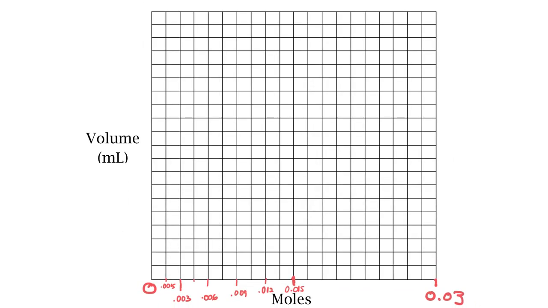Go ahead and do your y-axis, the volume, and finish numbering, and then graph. Yes, so this would be 0.018. And you should get up to the very last one. So every other line we're going up by 0.003.